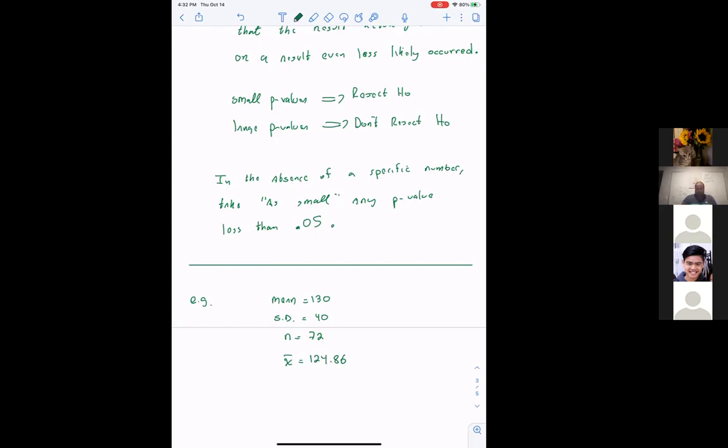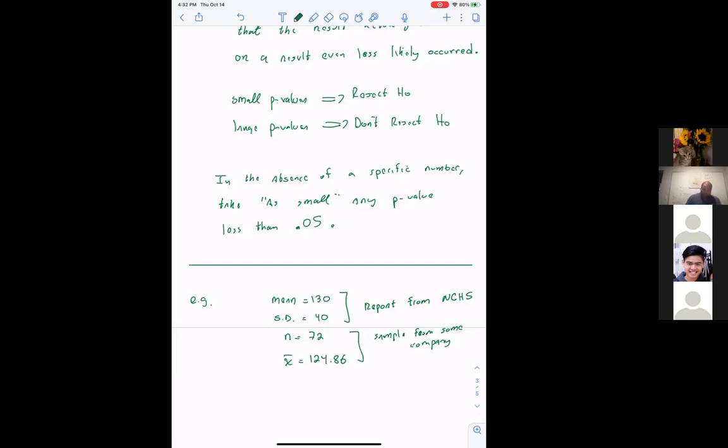Okay, so this is a report from out there in the world. It's a report from the National Center for Health Statistics, the NCHS. And this is a sample from some company. The sample from the company was n equals 72 with a mean of 124.86.